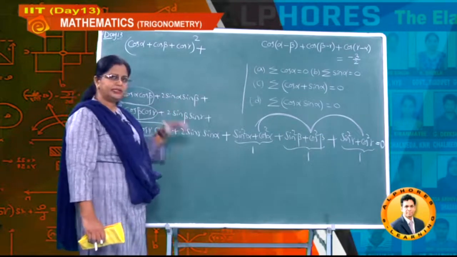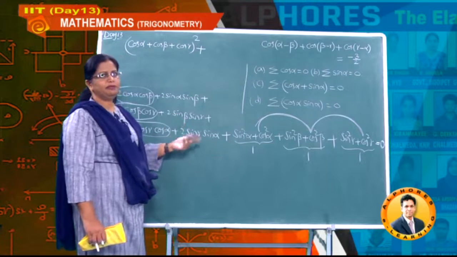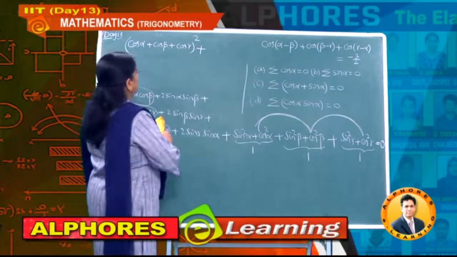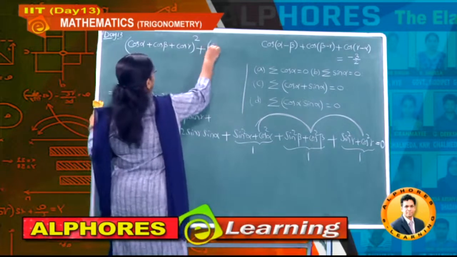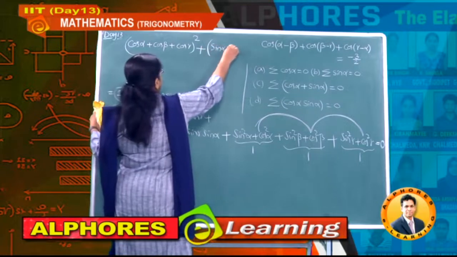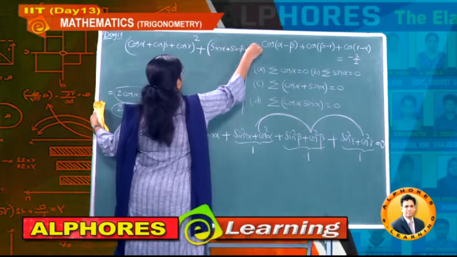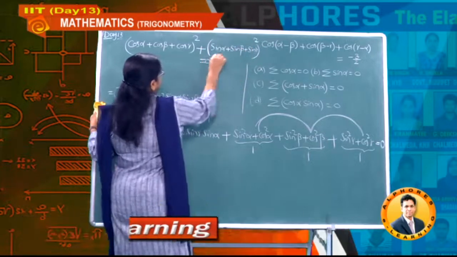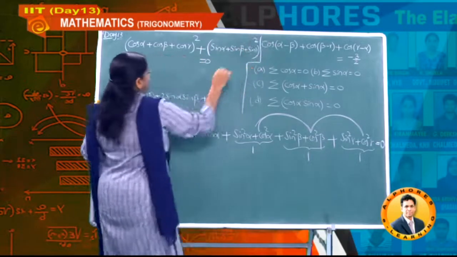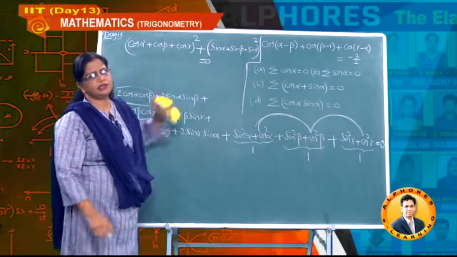Therefore, this is also of what form? A plus b plus c whole square. Hence, this is again sin alpha plus sin beta plus sin gamma whole square. And now, what is our RHS value? 0. So, the RHS value you got, students, 0.